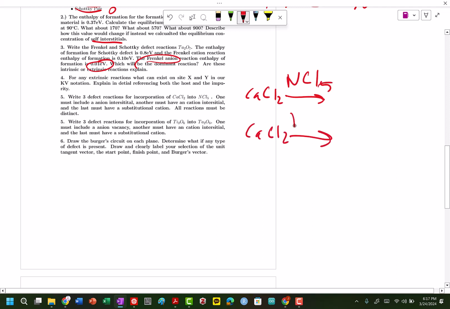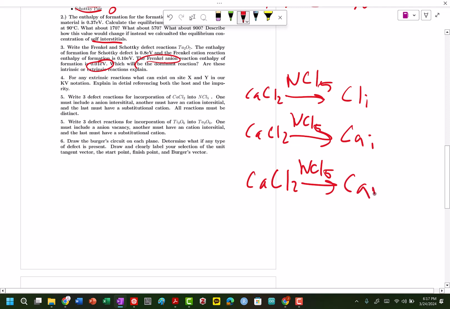One needs to be an anion interstitial, so I need a Cl on an interstitial site. I need a cation interstitial, so Ca on an interstitial site. And then one has to have a substitutional cation, which is Ca where N must be.